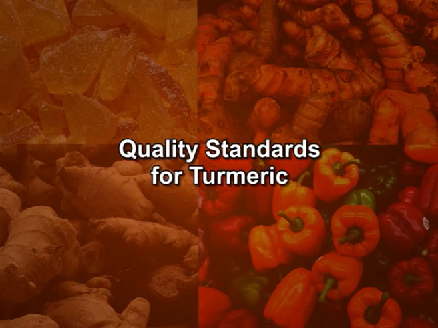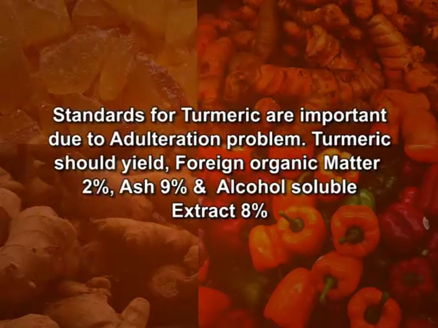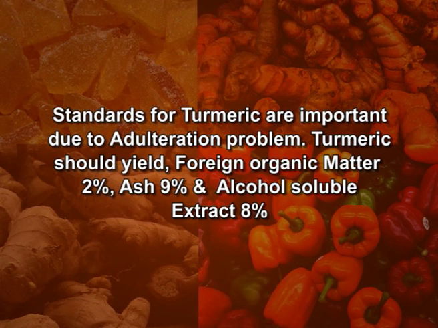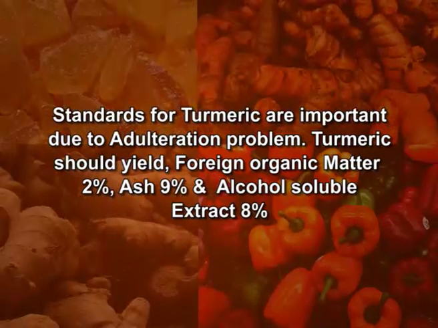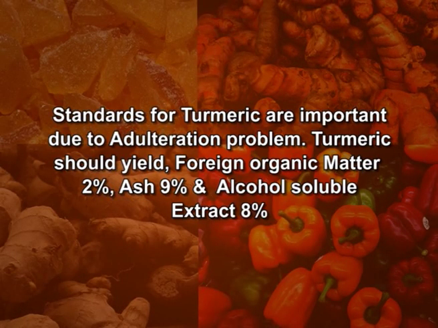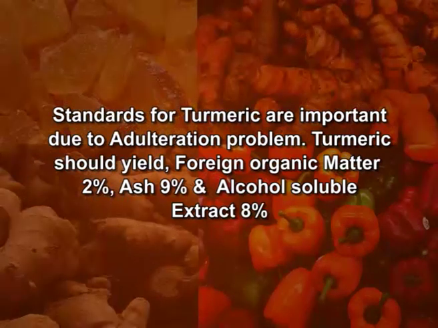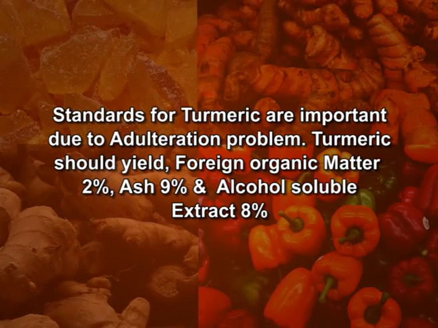Now, coming to the quality standards for turmeric. Friends, these standards for turmeric are important due to adulteration problems. Turmeric should yield foreign organic matter to the tune of 2%, ash to the tune of 9%, and alcohol soluble extract to the tune of 8%.